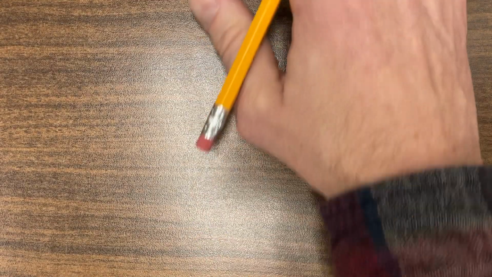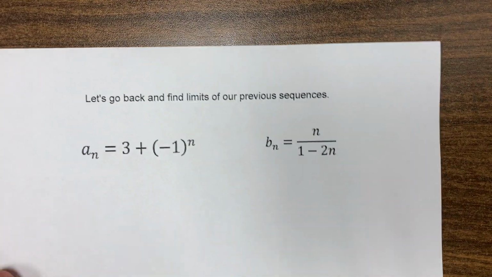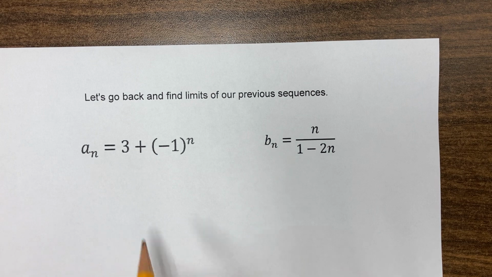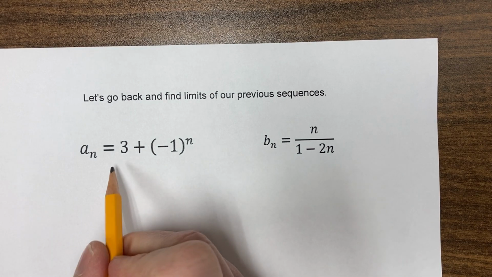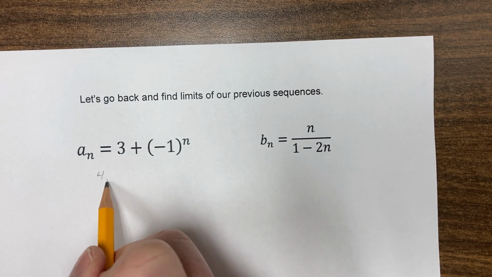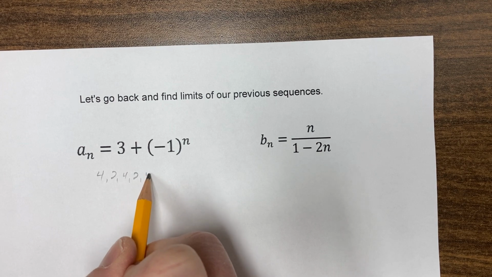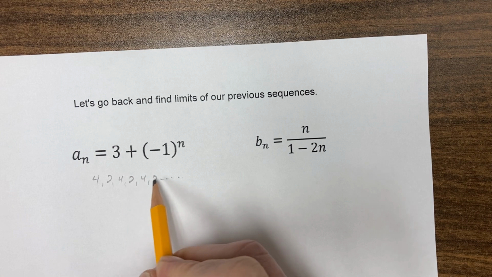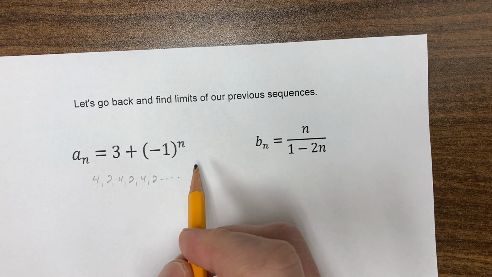So what we should do is we should go back and see if we can find the limits. And sometimes it's just using the same strategy we had there, and sometimes it's just using a little common sense. For example, here we saw that our terms went 4, 2, 4, 2, 4, 2, right? And that's how it's going to be forever and ever.